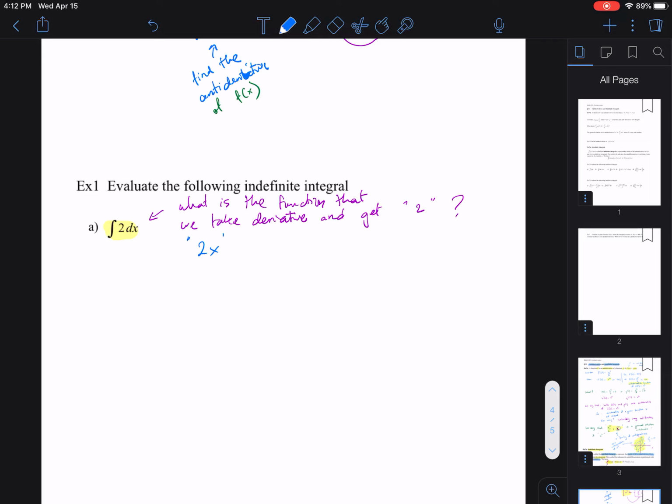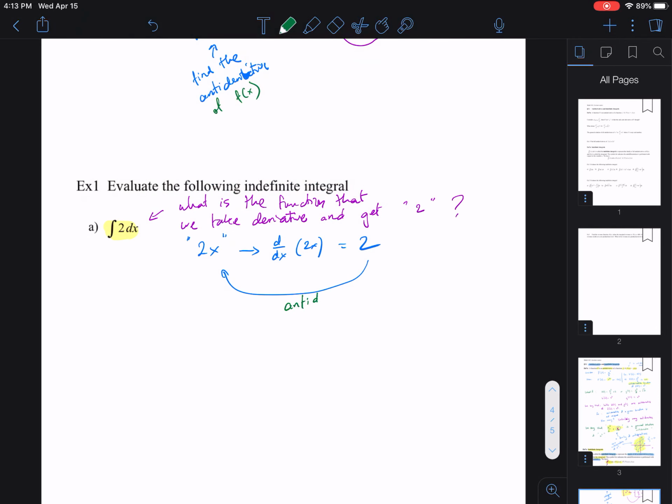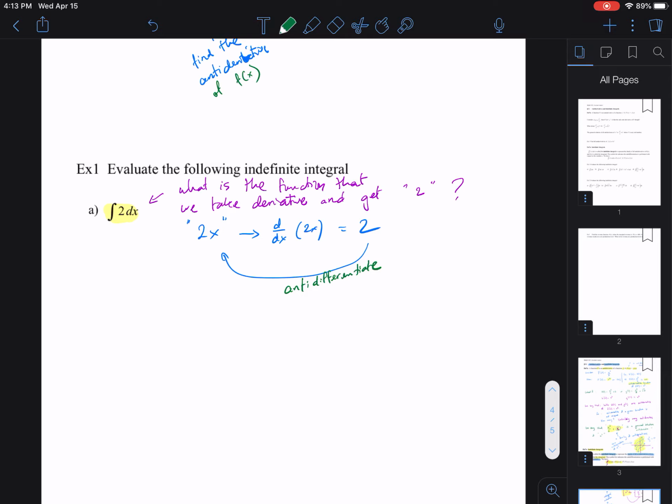If this is the given function, then when we differentiate it, d/dx of this is 2. The reverse process of going from 2 to there is anti-differentiation. That's what we're trying to do in this lesson: given a function, can we find the function before that? When we differentiate using certain rules of derivatives, we get 2.